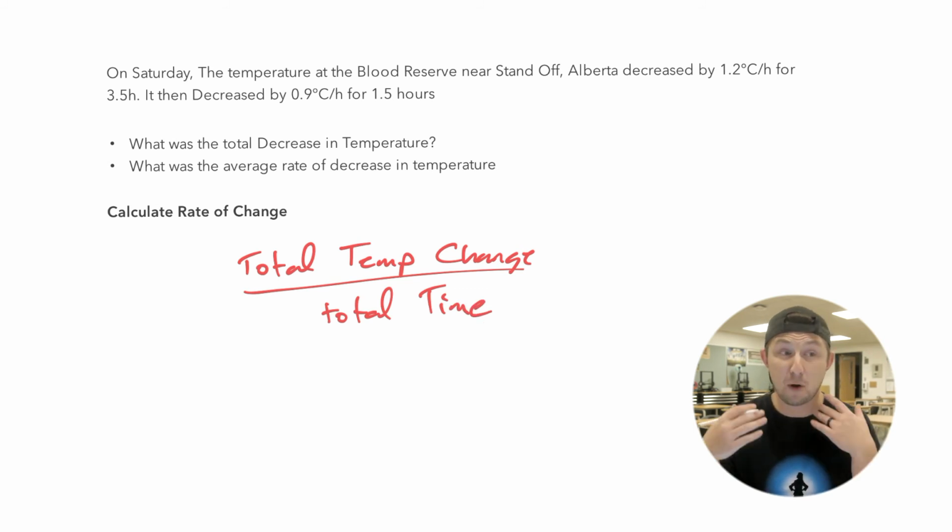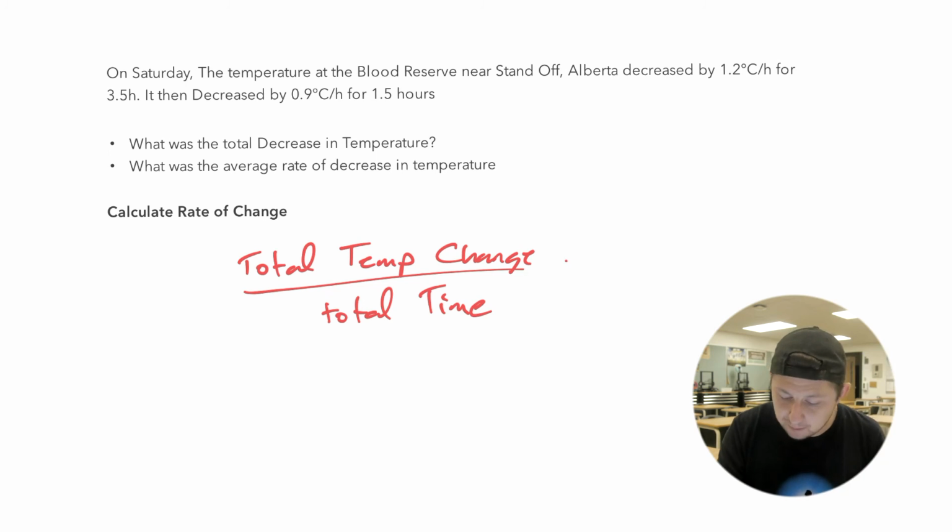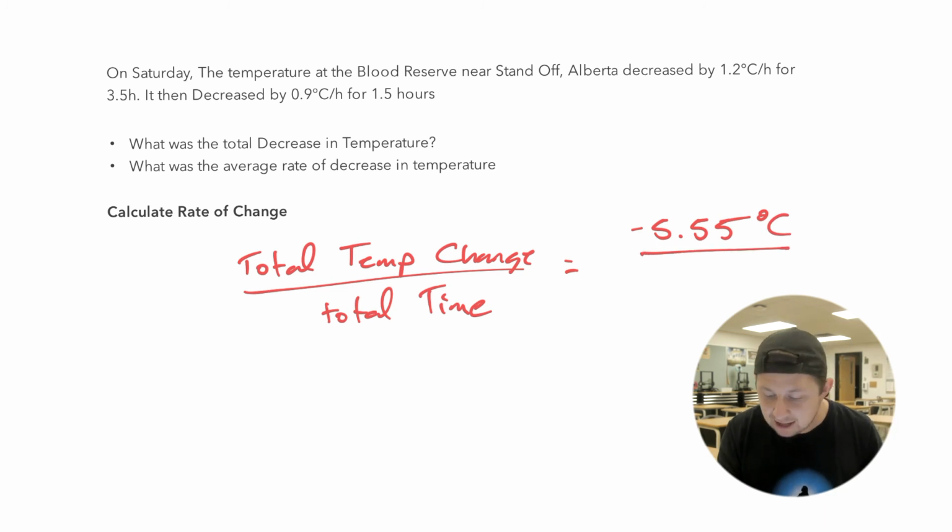Anytime we're talking about rate of change, we're talking about time. And so our total temperature change was negative 5.55 degrees Celsius, and we calculate the rate by calculating the total time.